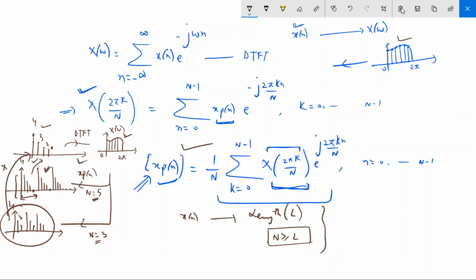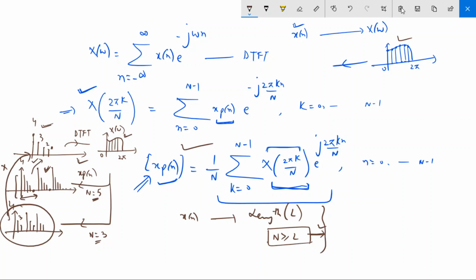It is xp[n] that you can get, not x[n]. And from xp[n] you can simply get x[n] if you just take its first N samples, provided you have chosen the number of samples to be greater than or equal to the length of the signal.